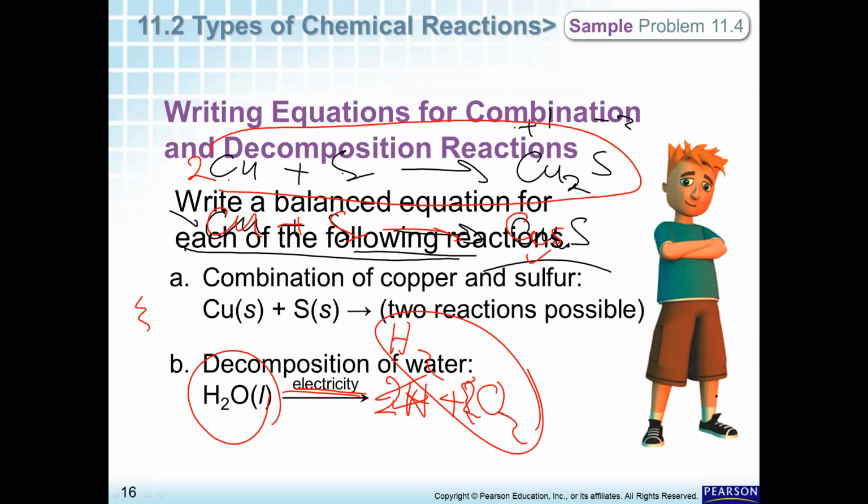Is it balanced? How do we balance that? We multiply this by 2 and this by 2. That is what they call electrolysis of water.